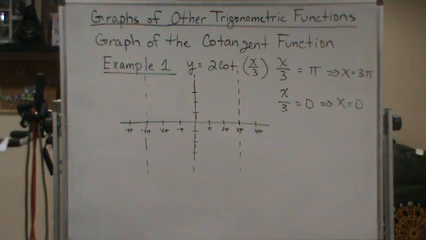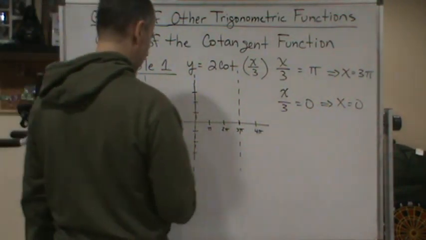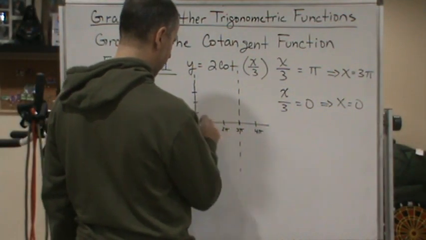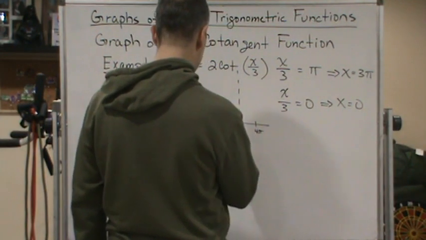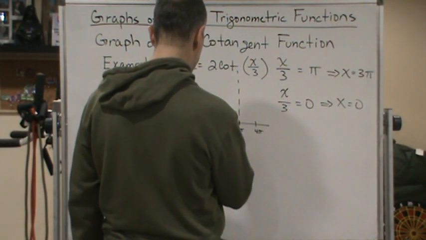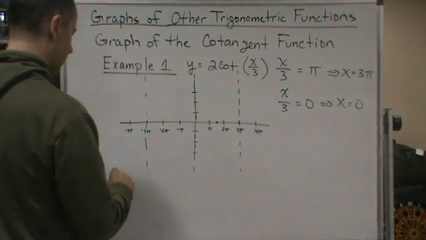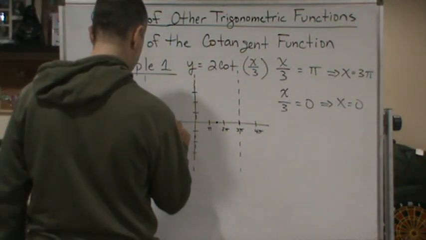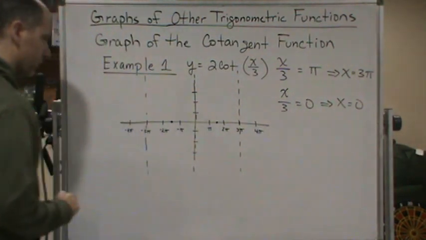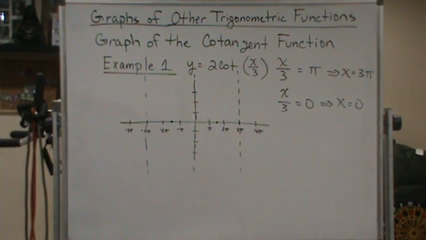Now we know that the intersection is going to be the halfway mark in between, so that's going to be right here at 3 pi over 2 and negative 3 pi over 2.